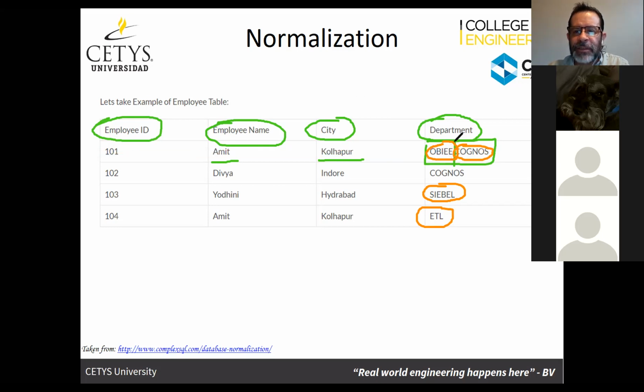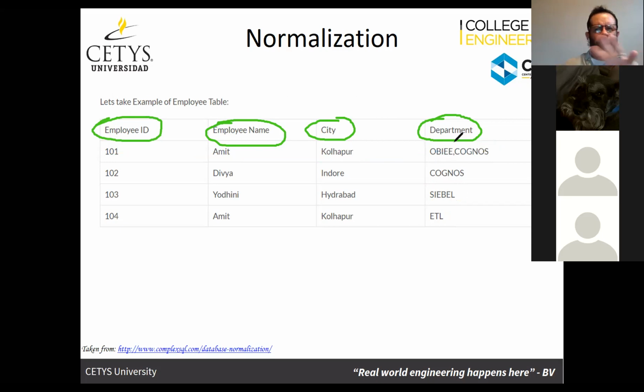What's another problem that we've got in this table? Look at the information there. What you identified with the departments is correct. Very well done, Carmina. But what else do you notice that's a problem in the data?